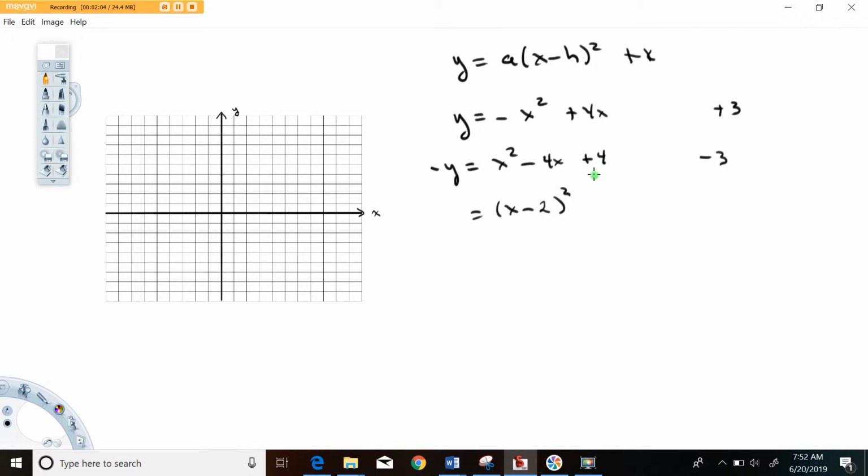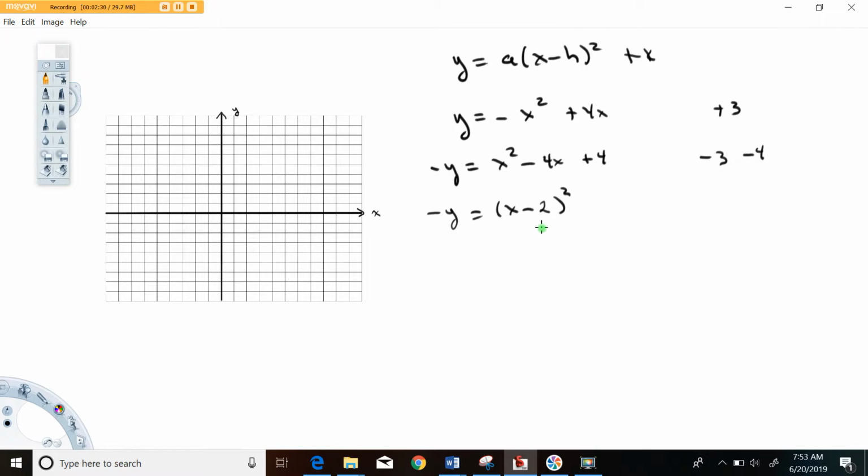Now, when you do this, however, we have to maintain equality. To do that, we can either add 4 to the left or subtract 4 on the right. I'll go ahead and just put minus 4 over here so that this pair right here, we have not changed anything. These still add to 0. Next line now. So we have minus y equals, and we have designed this to equal x minus 2, the quantity squared. Right?